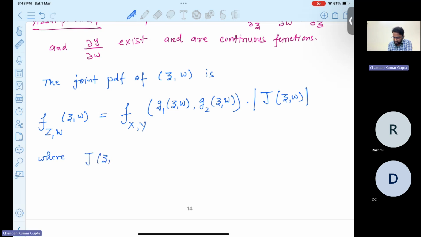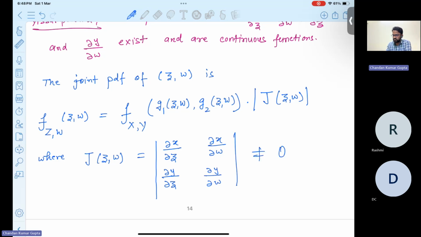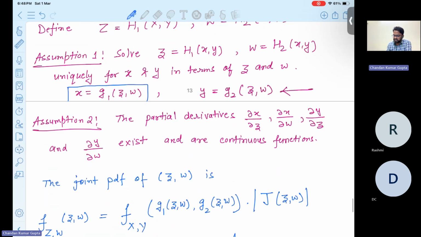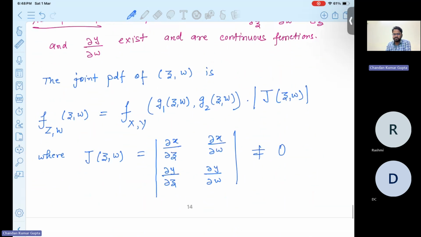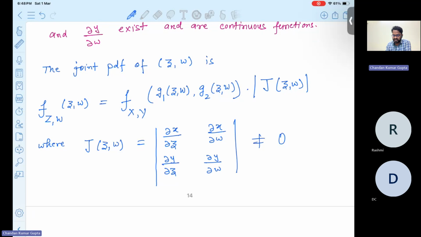The Jacobian of z and w is defined as del x by del z, del x by del w, del y by del z, and del y by del w. This must not be equal to 0. In that case, if these conditions are satisfied, then we are able to find the distribution of the transformed random variables z and w via this formula or expression.